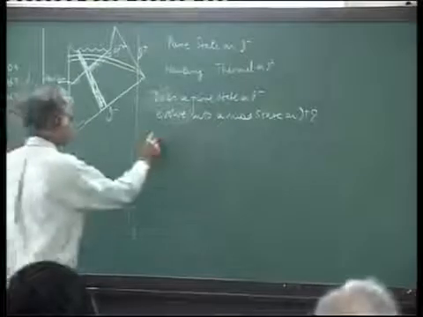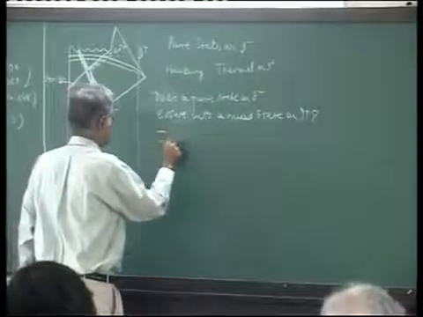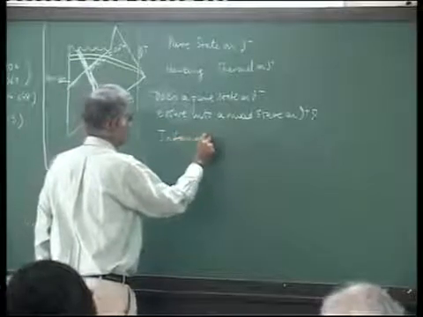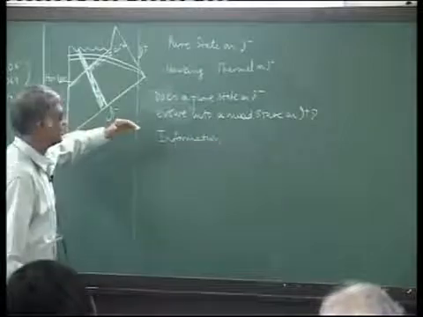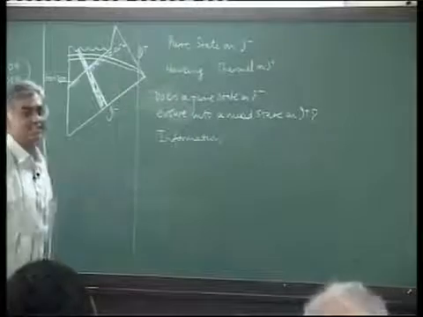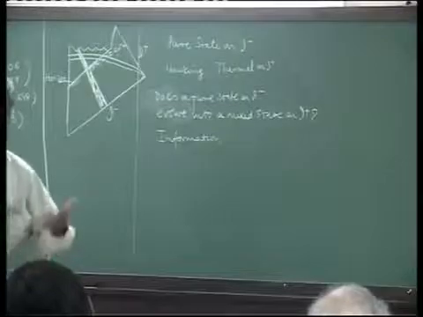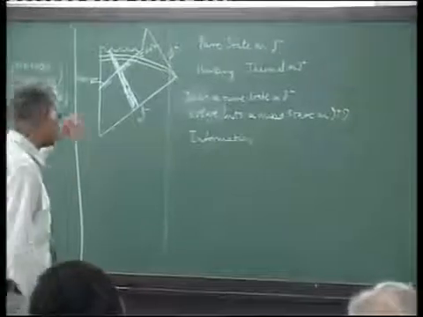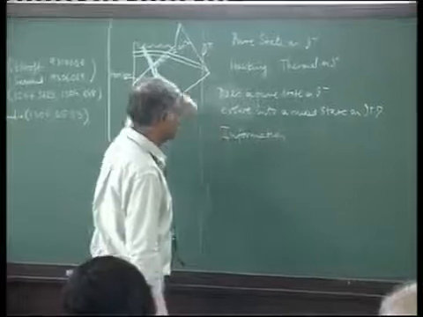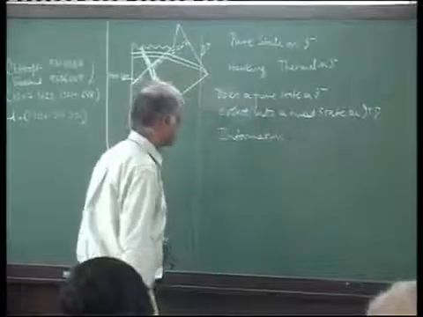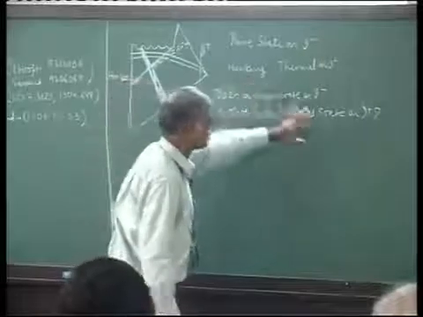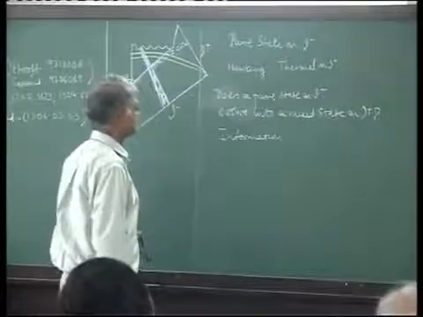Because if a pure state went into a mixed state, which is not allowed by the usual rules of quantum mechanics, because the Hamiltonian is Hermitian and time development is a unitary process, a pure state must go into a pure state in quantum mechanics.